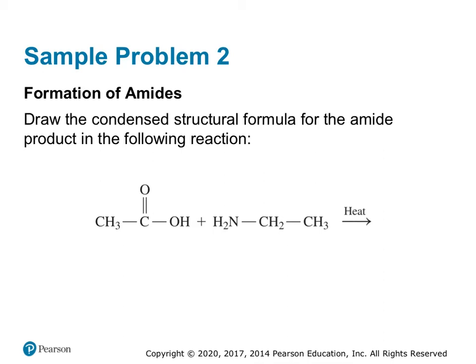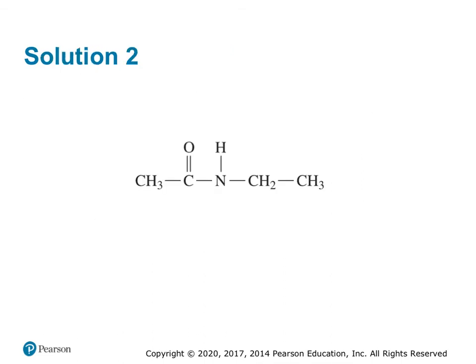So we're going to see that the OH group and one of these hydrogens is going to come together to make water, and then we'll bond the rest of it together. So then we come up with this. Here's the ethanoic acid part, here's the ethylamine part, and they're bonded together.